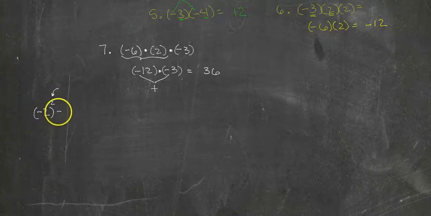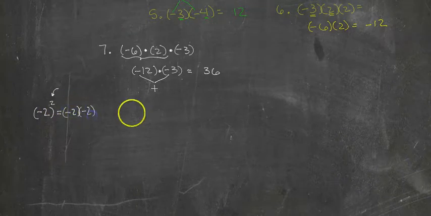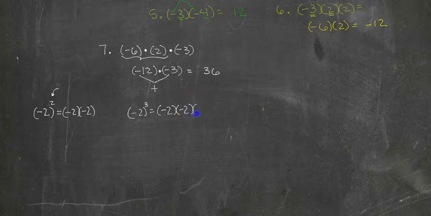So -2 squared says -2 times -2. -2 cubed says you want to multiply -2 times -2 times -2, 3 times. The same number over and over, 3 times.